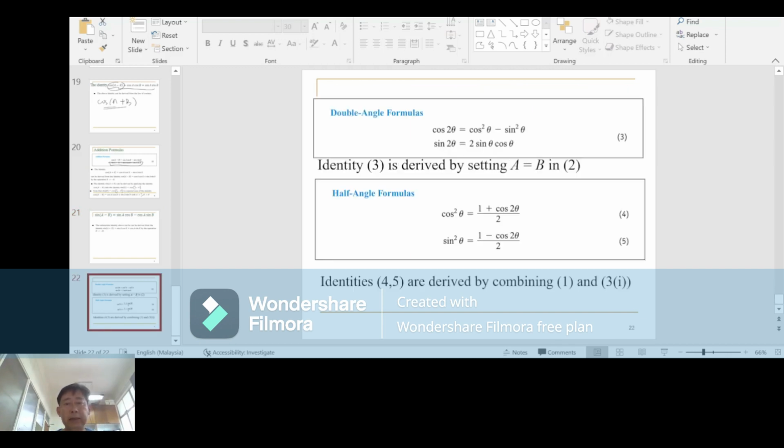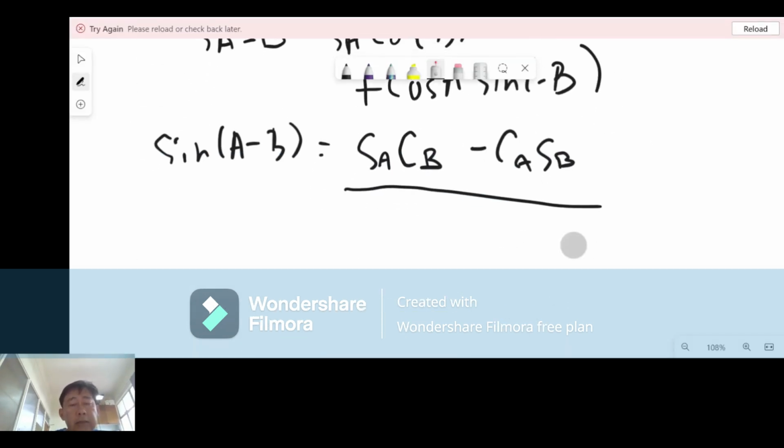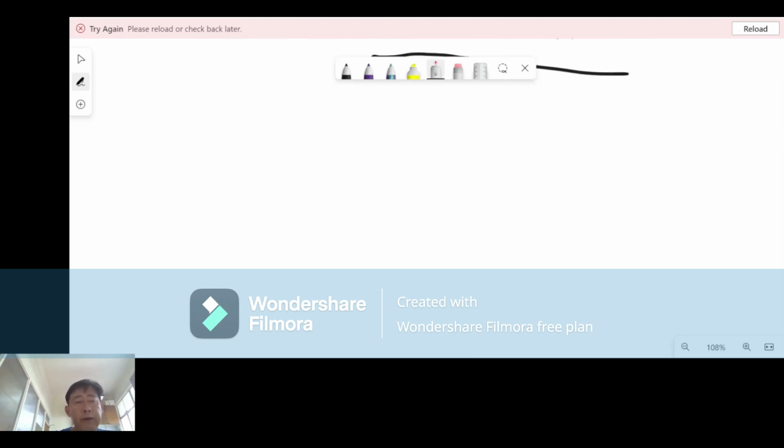Then the last identity I want to show you here is identity number 3, cos of 2 theta and sine of 2 theta. So these are the two identities that are of great importance and very handy.